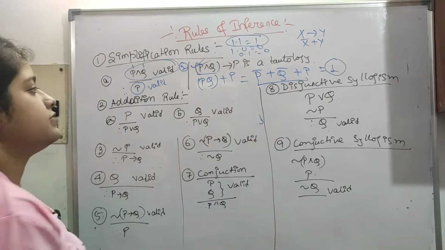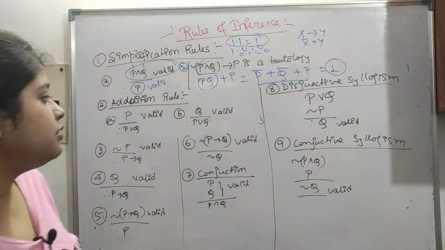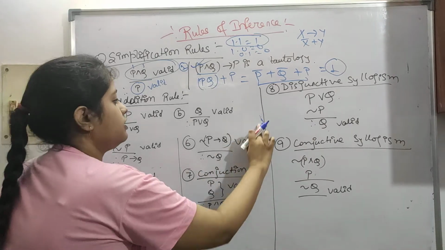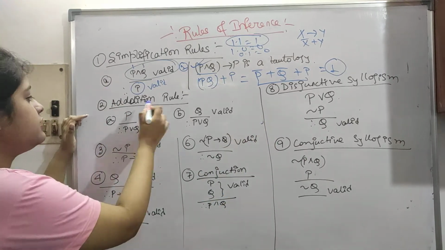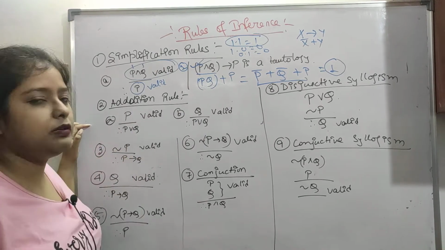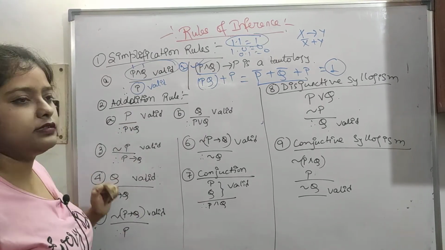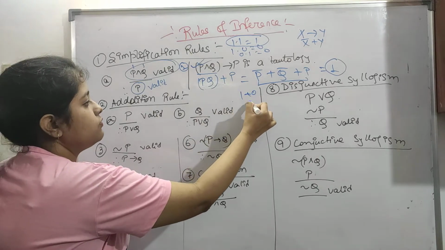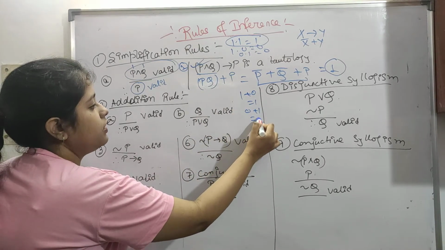So you can see you don't have to remember; you can easily derive all this. Now let's move on to the next, the addition rule. P is valid is given, so therefore P or Q will be valid, because 1 or 0 will be 1, and 0 or 1 will be 1 only.